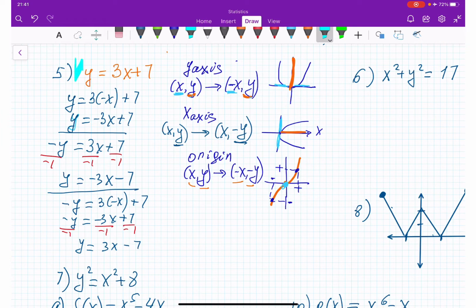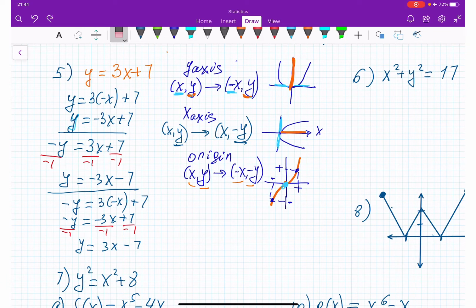Here I have 3x minus 7, which means it doesn't apply, neither of them, right? Which means the graph of this equation, y is equal 3x plus 7, is not symmetric to the y-axis, to the x-axis, nor the origin.